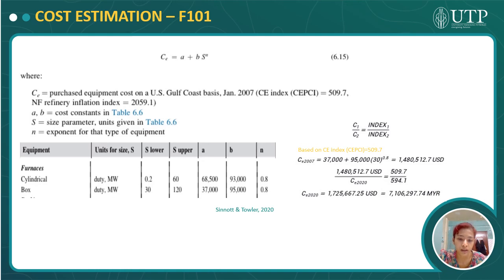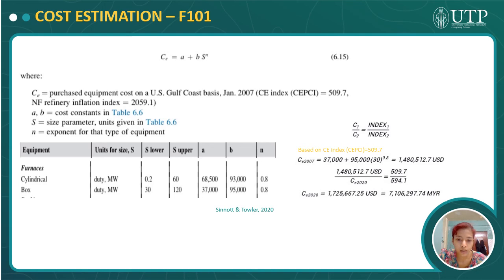For cost estimation, based on Sinnott and Towler 2020, the given equation will give us the purchase equipment cost based on 2017, given the CE index 509.7.